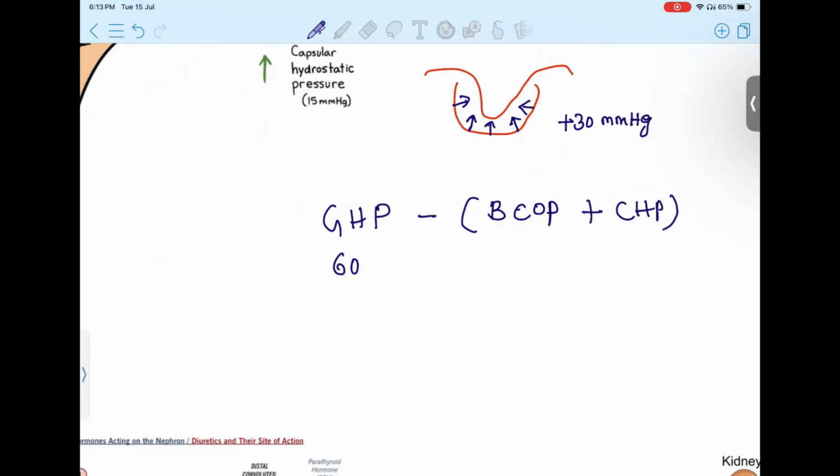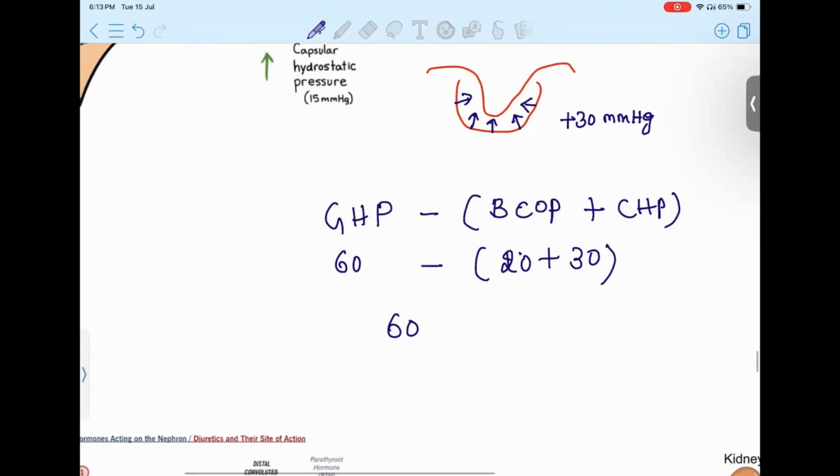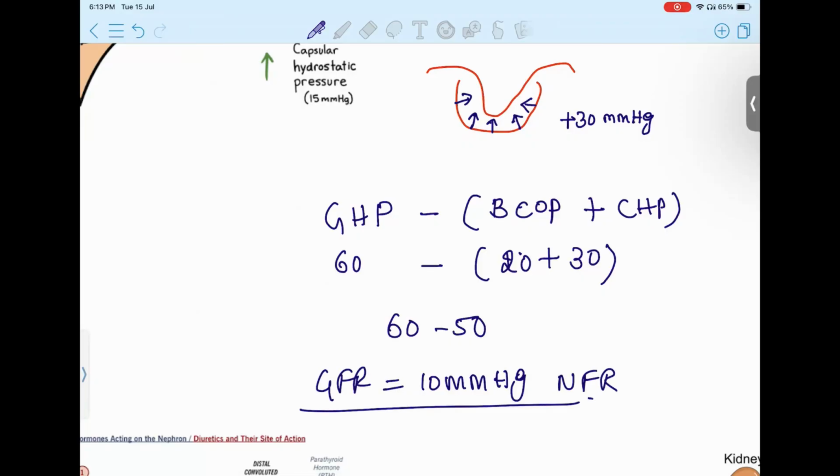So 60 minus 50, which is around 10. So the 10 mmHg is the net filtration rate. So the GFR of this patient will be around 10 mmHg net filtration rate.